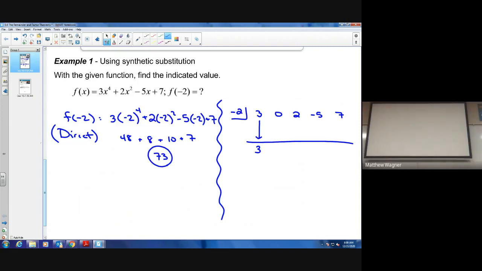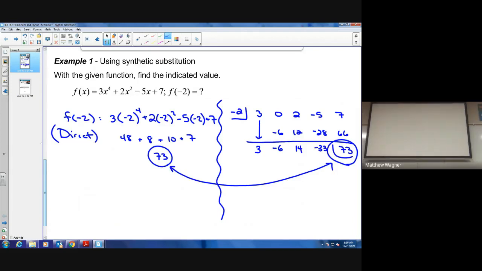All right. So we drop the 3, then we multiply. -2 times 3 is -6. 0 plus -6 is -6. -6 times -2 is 12. 2 plus 12 is 14. -2 times 14 is -28. -28 plus -5 is -33. -2 times -33 is 66. 66 plus 7 is, oh my goodness, this is insane.